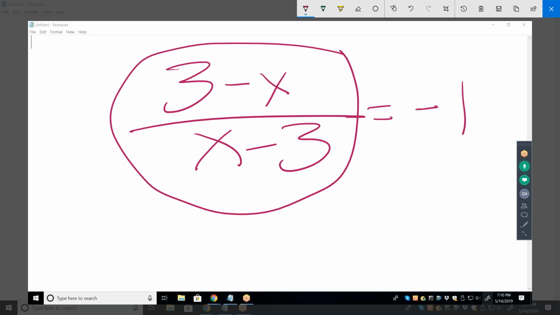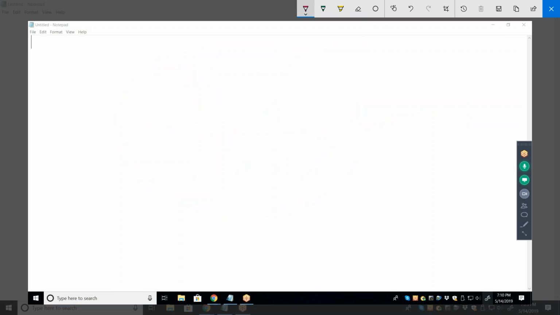That is always -1. Everything else has to be identical to be able to cancel it out. But in this case, I can replace it with a -1. It may come up, it may not. Depends on how tough your teacher is. What else you got?